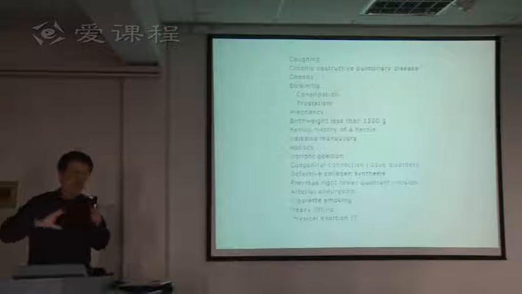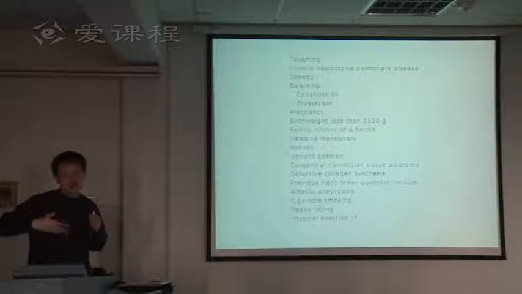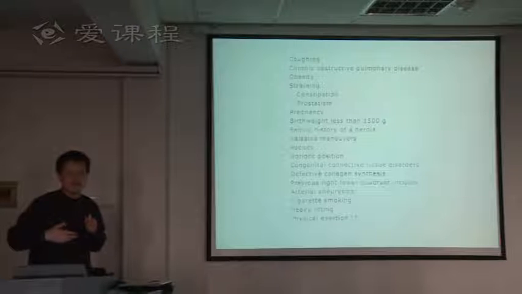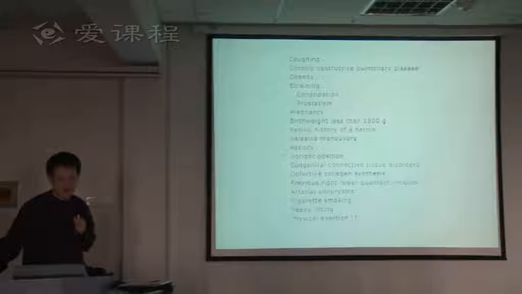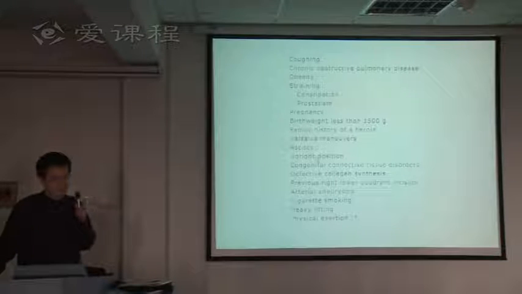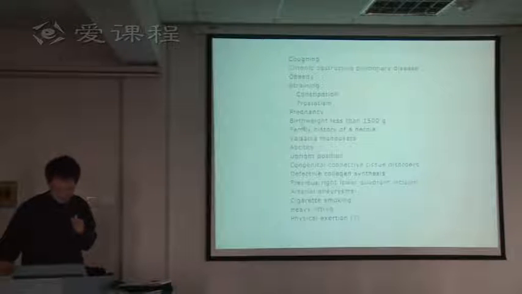They need time. And when the child is born like this, they have not developed well. So usually they have this problem. So this is a risk factor. But do remember some important risk factors like coughing, obesity, constipation. These are very easy to manage in clinics.